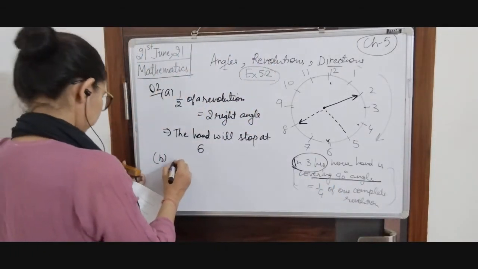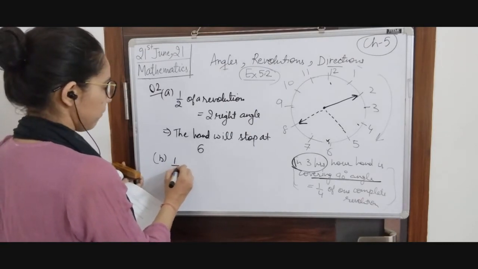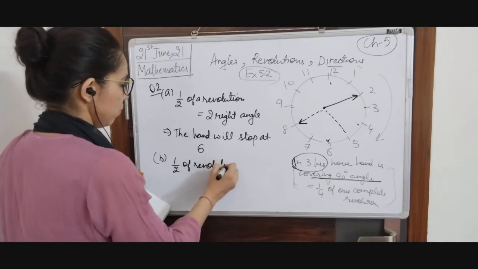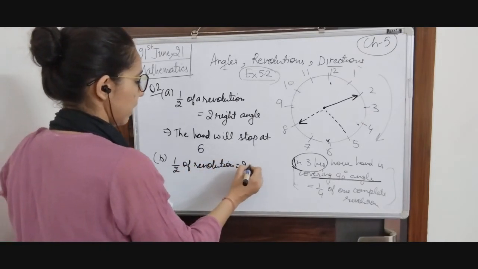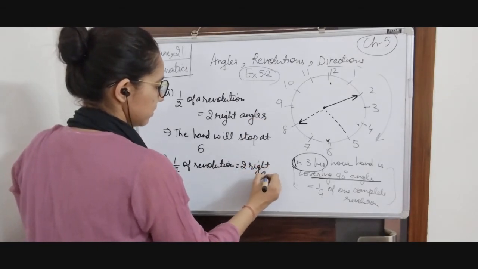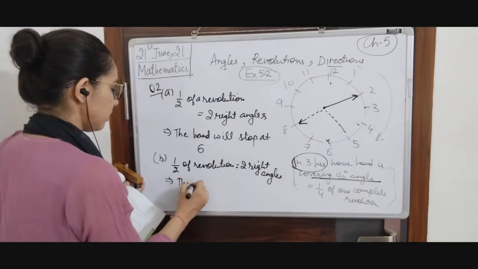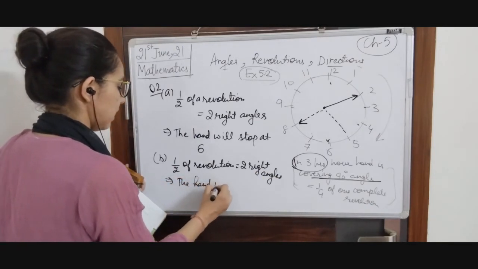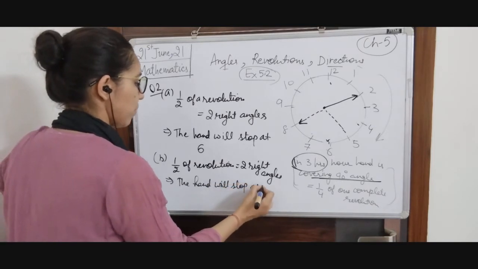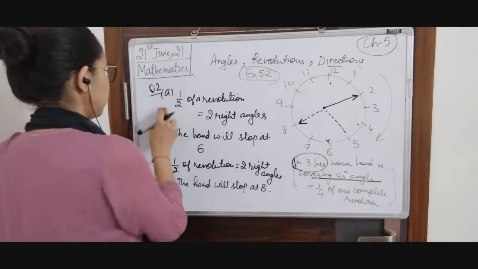So again half of revolution is equal to two right angles, implies the hand will stop at 8.